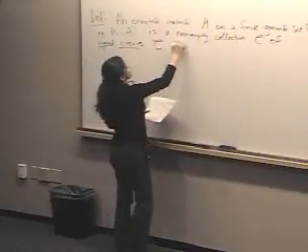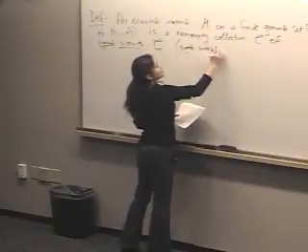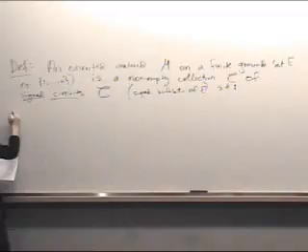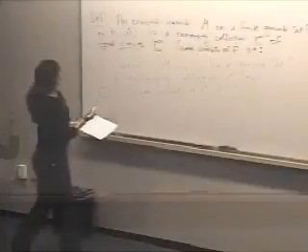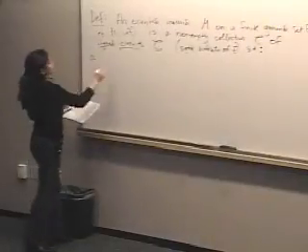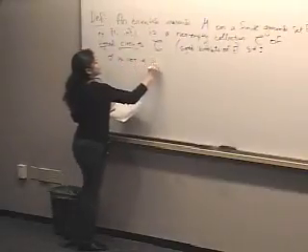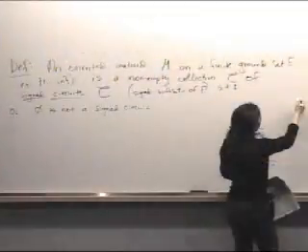And these circuits are going to be signed subsets of E such that the following axioms hold. So the first axiom is that the empty set is not a signed circuit.